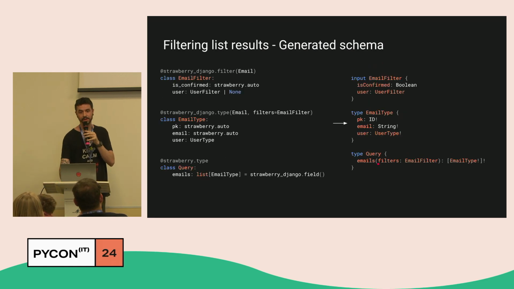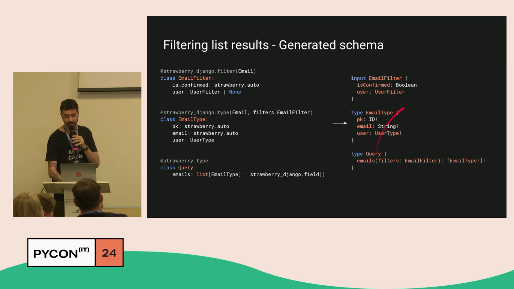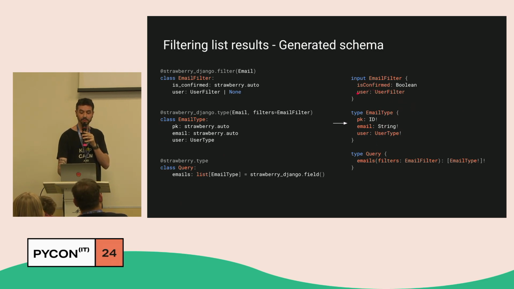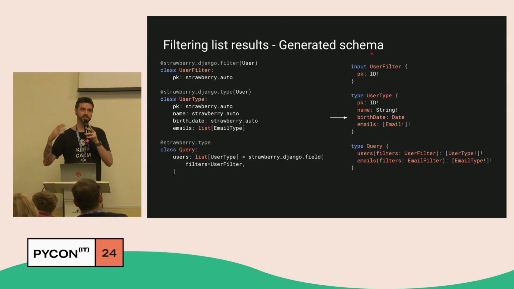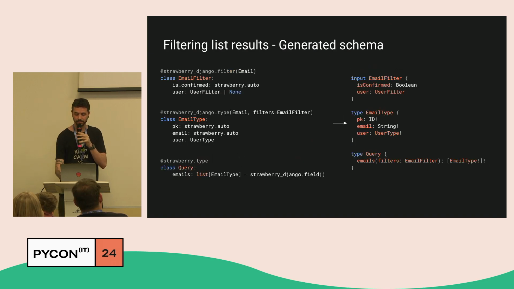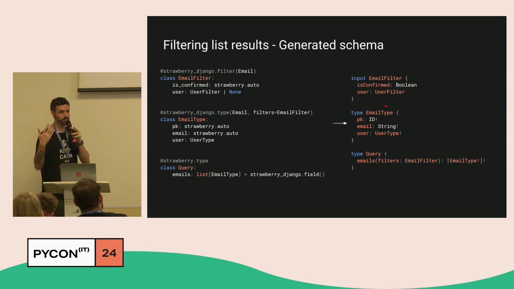Okay, here is the emails example. You can see that you have the user filter in here, which was defined in here. I just didn't add those to the same slide because it gets very big. But suppose it is in the same file.